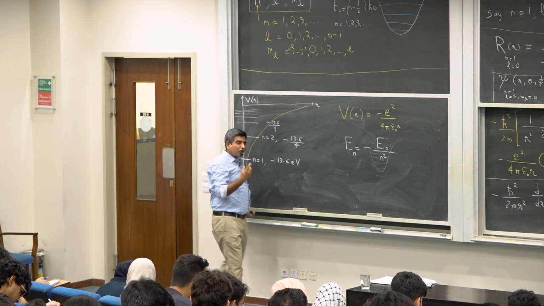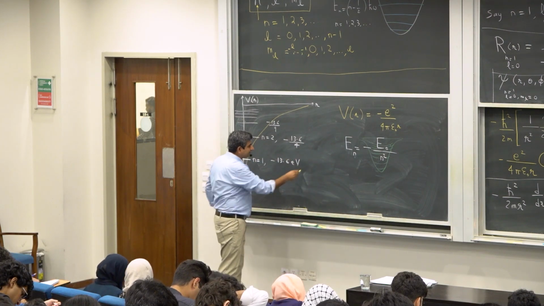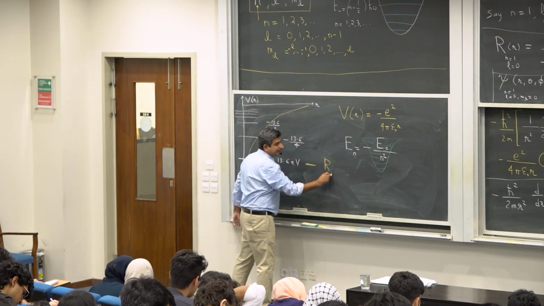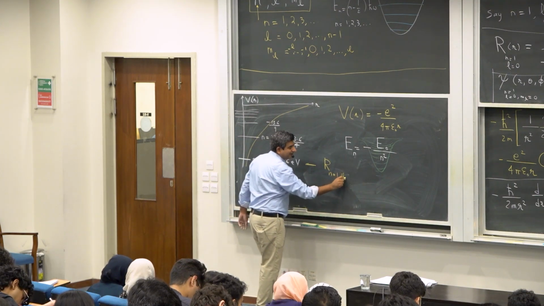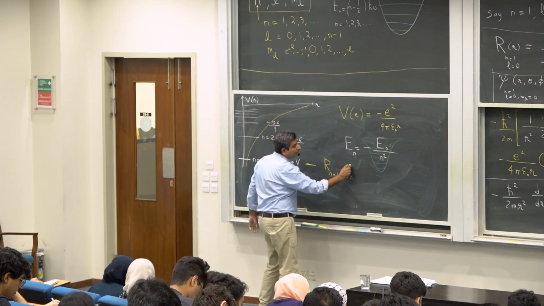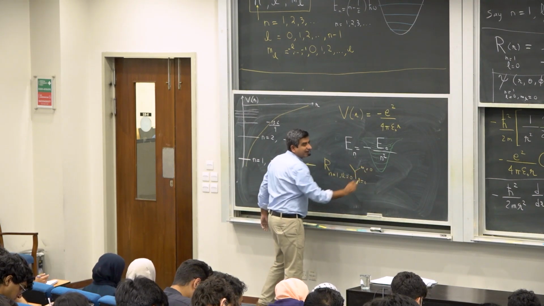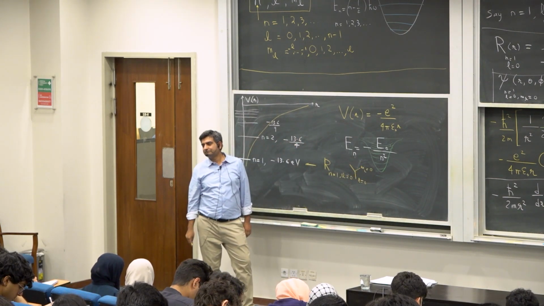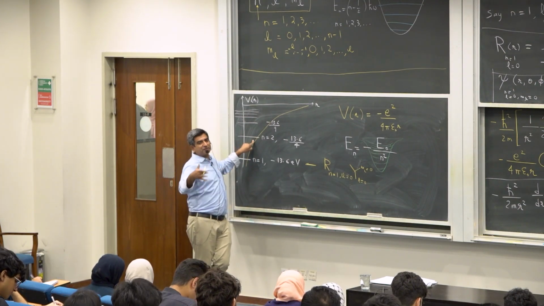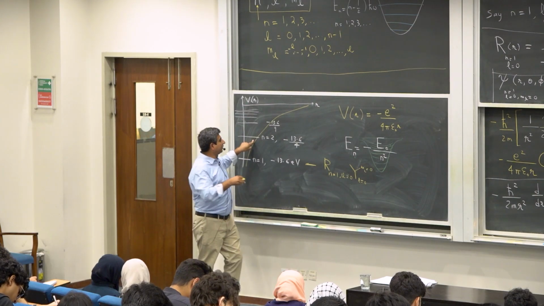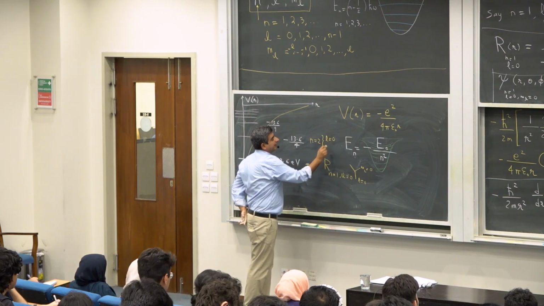This energy level corresponds to a wave function. That wave function is R, n equals 1, L equals 0, Y, L equals 0, ML equals 0, right? This would correspond to various wave functions, because for n equals 2, L could be 0 and it could be 1.